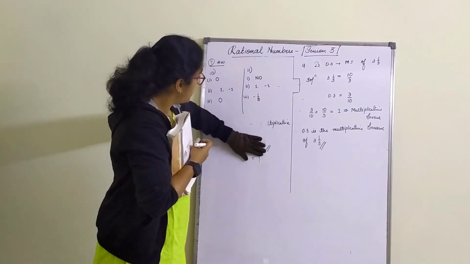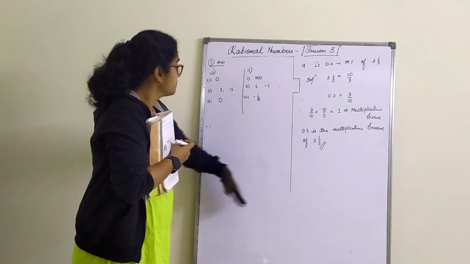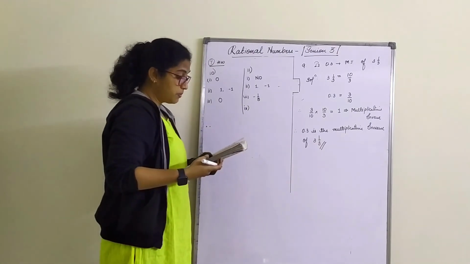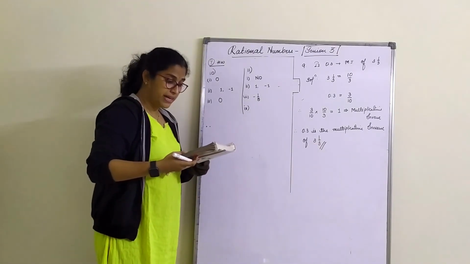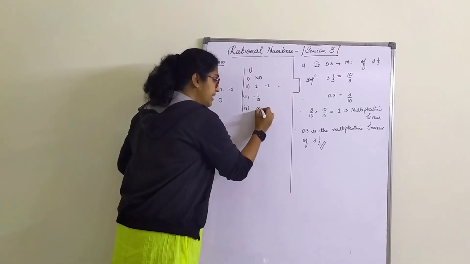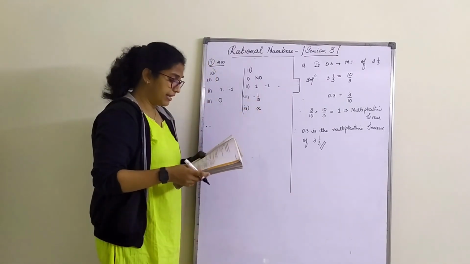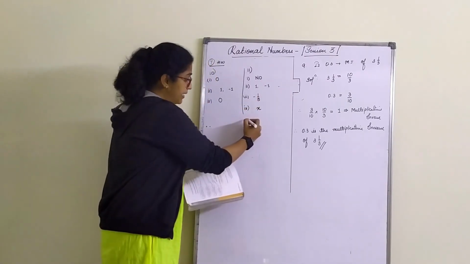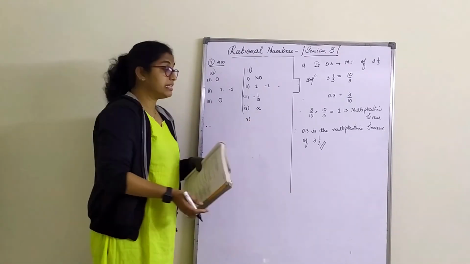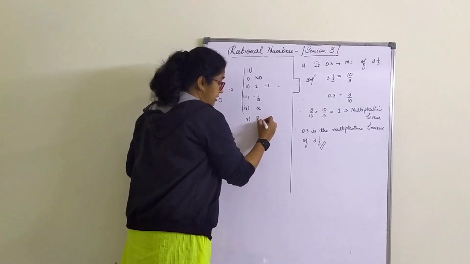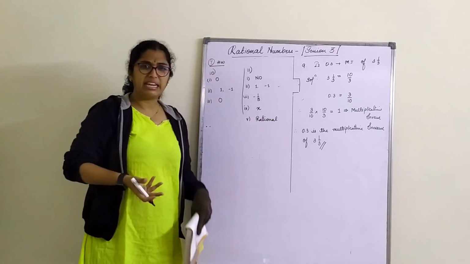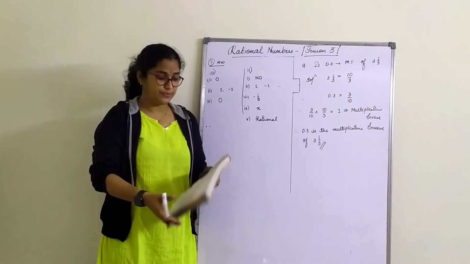The next one, fourth one, the reciprocal of 1 by x, where x not equal to 0. Reciprocal of 1 by x is x, the number again. Fifth one, the product of two rational numbers is always rational. If two rational numbers you multiply, you again get a rational number only, right?